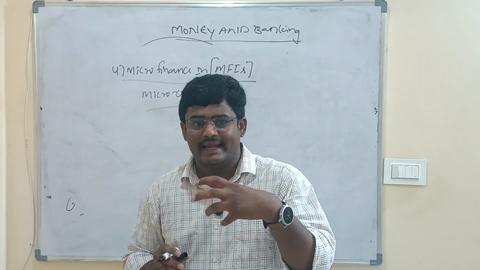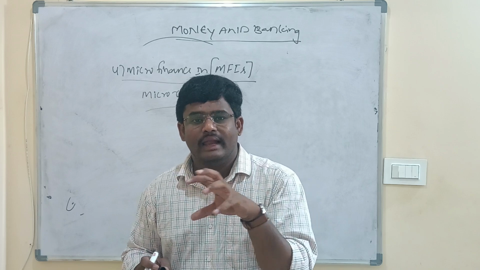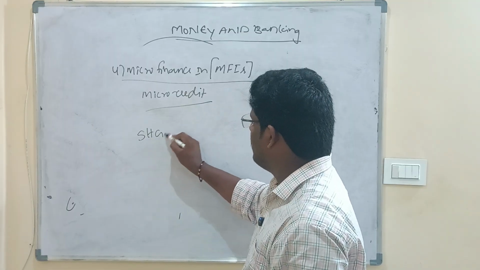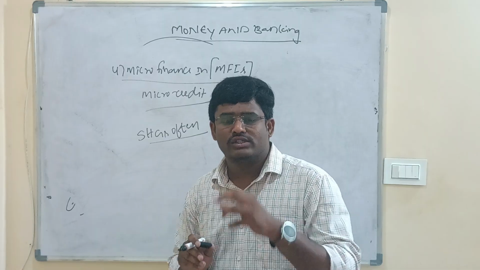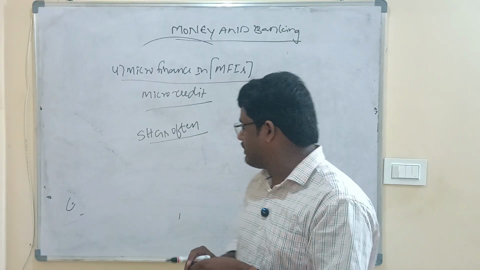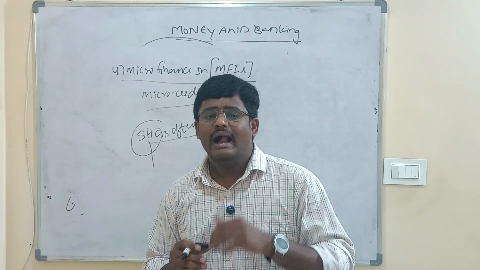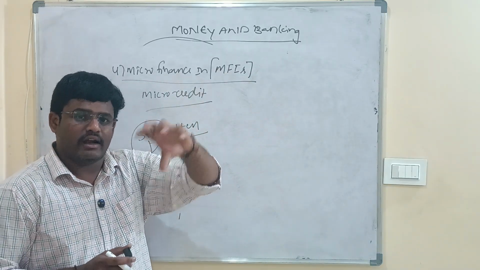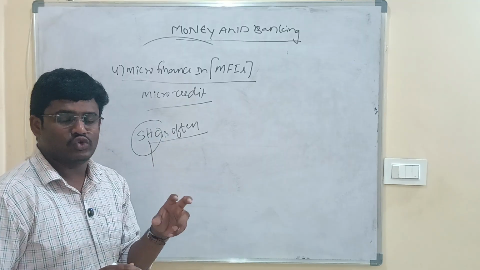They provide a smaller amount of loan to self-help groups, often at a lower interest rate. Mostly 2 to 3 lakhs, and this amount is not given to an individual but to a self-help group, at a lower interest rate compared to the market interest rate of that time. So, microfinance institutions.